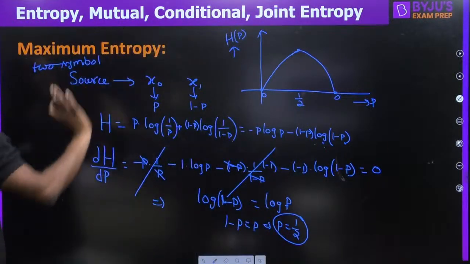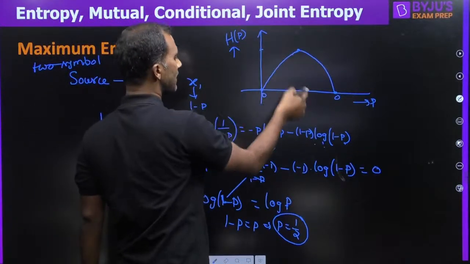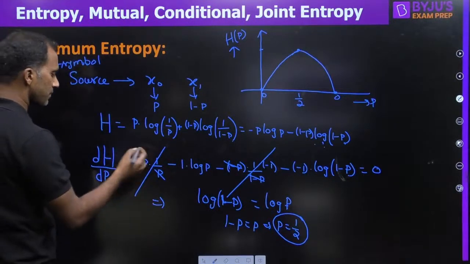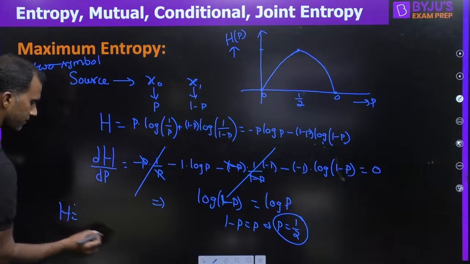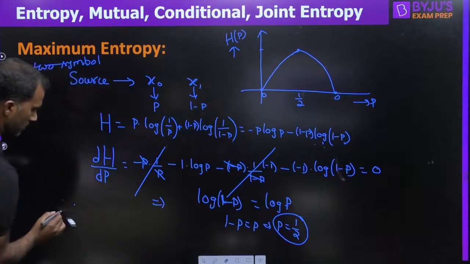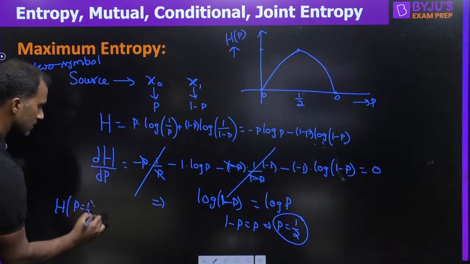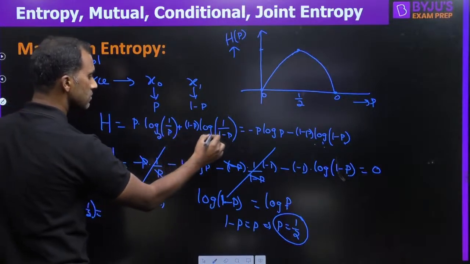So how much is that value, the maximum entropy possible when p equal to half? You can substitute p equal to half and find the result also. So H of p equal to half is equal to, you can substitute here and see, base is 2 here.